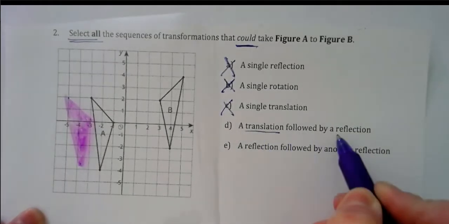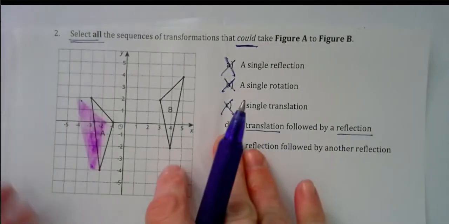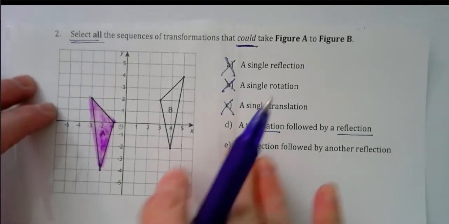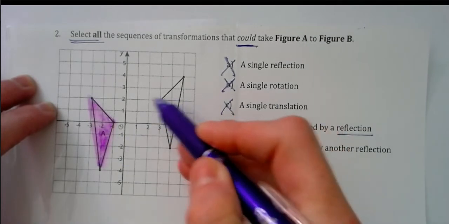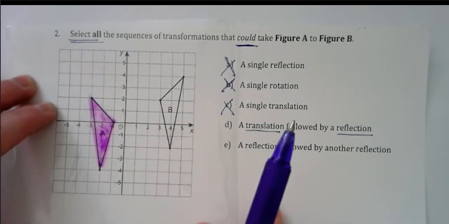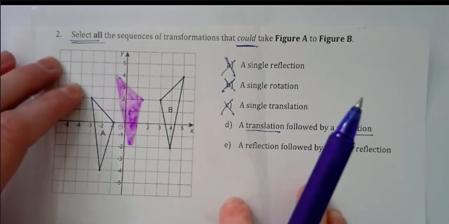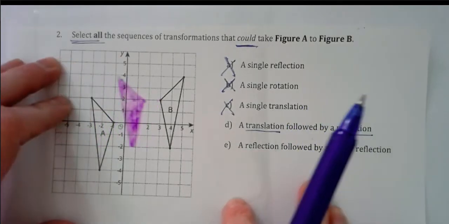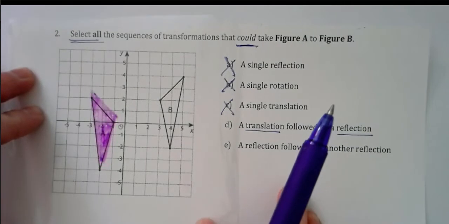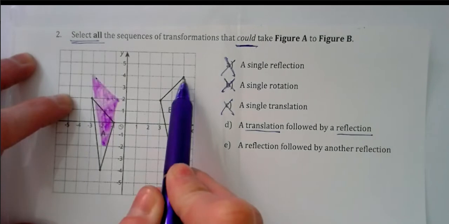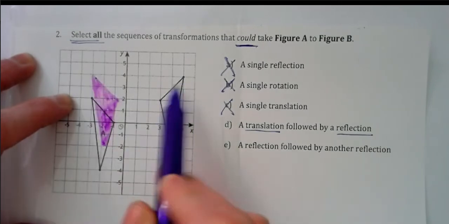Translation followed by a reflection. Can I slide this somewhere to line up my shape so that I could reflect it to become B? Well, I could slide up and over. If you see me slide up 1, 2, my top pieces line up.